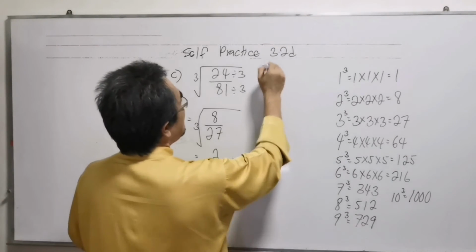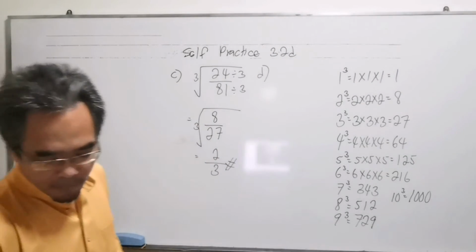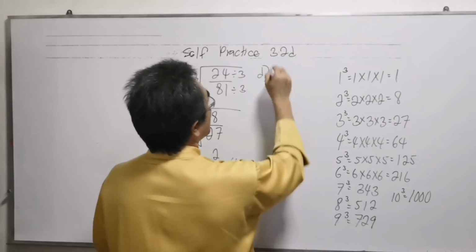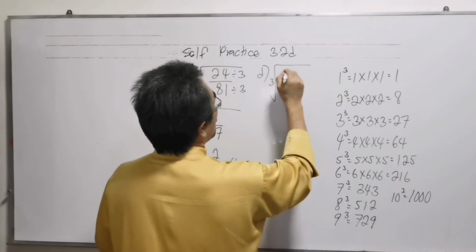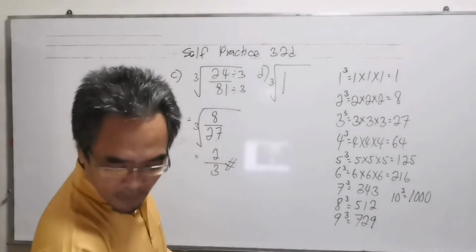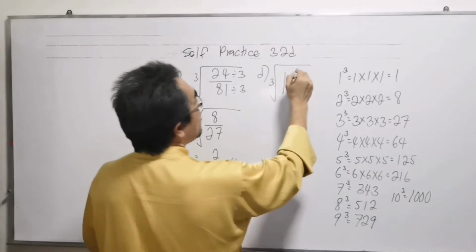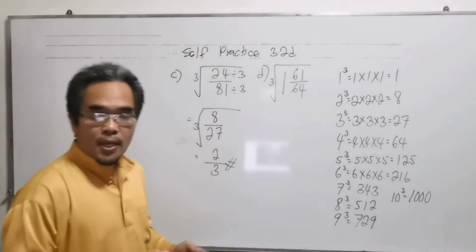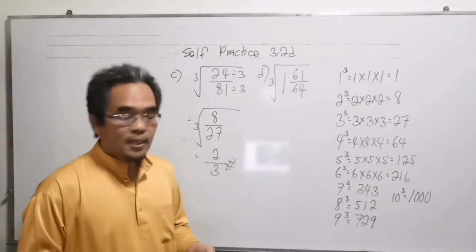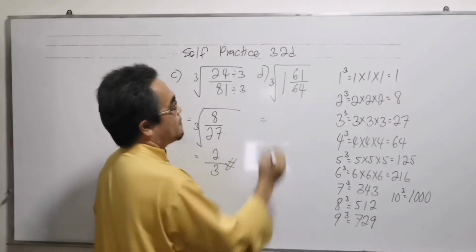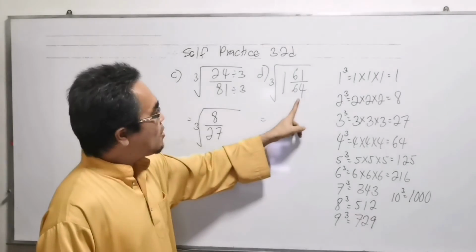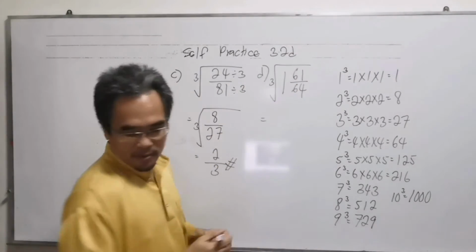That is for C. For D, it is cube root of 1 and 61 over 64. What you have to do is make it into an improper fraction. 1 times 64, then plus 61.